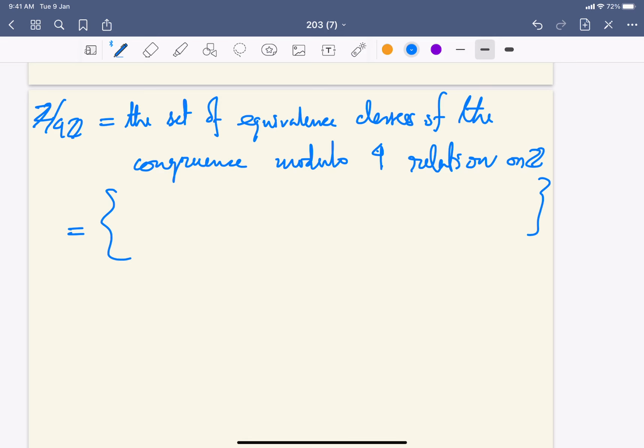Within this set I have to write down the equivalence classes. So I have to write 0, 4, minus 4, and then 8, minus 8, and then 12, minus 12. Writing this down is relatively easy. Writing the next one, I have to be careful. I shouldn't make a mess.